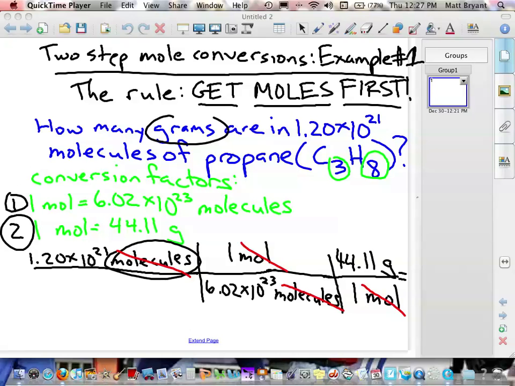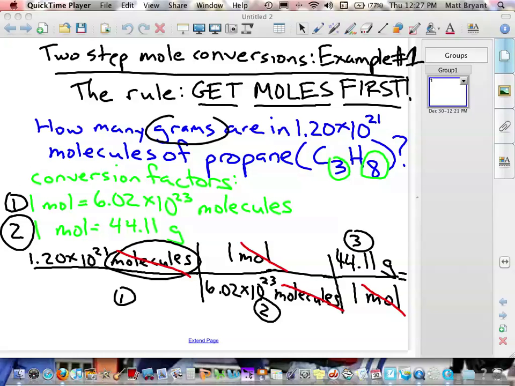And there we go. So now, as my Algebra 2 teacher, Mr. Sperry, once said back in the day, all we have left to do is plug and chug. We have 1.20 times 10 to the 21st. We're going to divide by 6.02 times 10 to the 23rd, since we find it on the bottom of our next fraction. And then we are going to multiply by 44.11 grams.